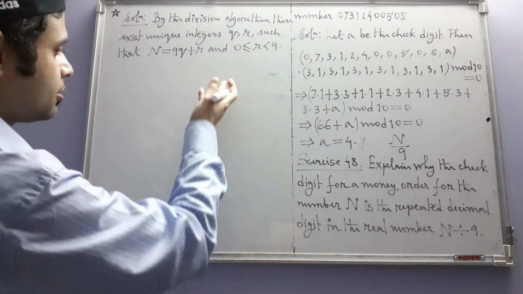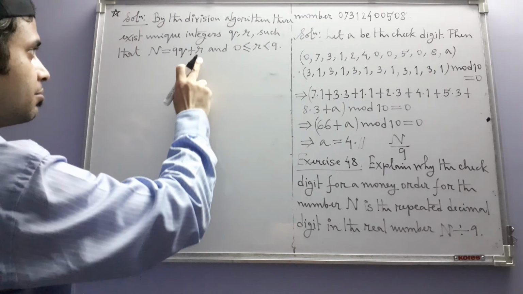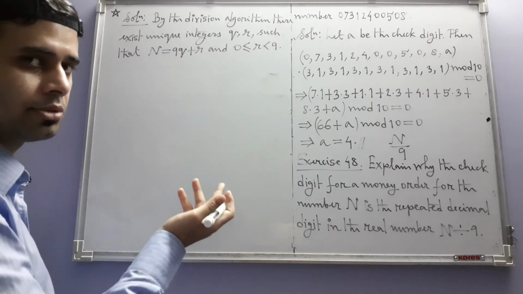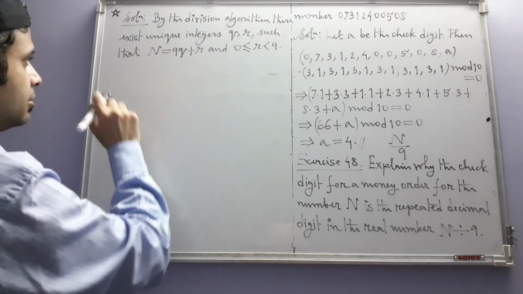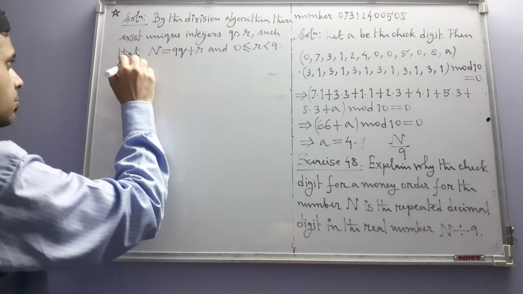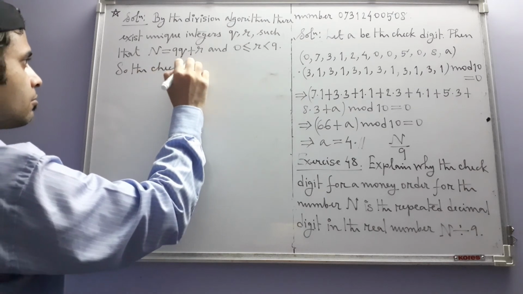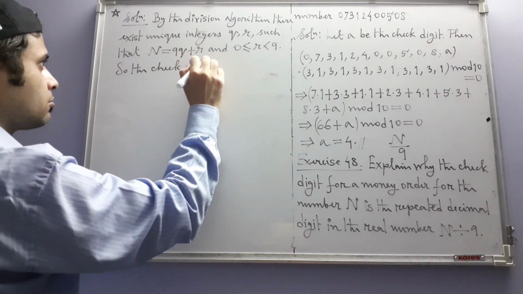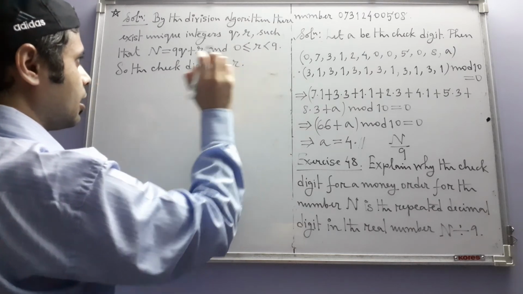So by definition of check digit for a money order number, this R is actually the check digit because it's the remainder when you divide N by 9. So the check digit is R.